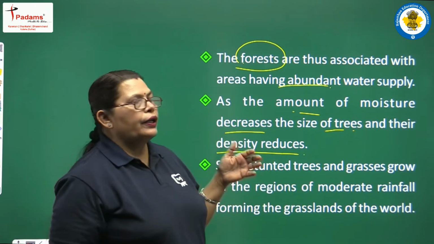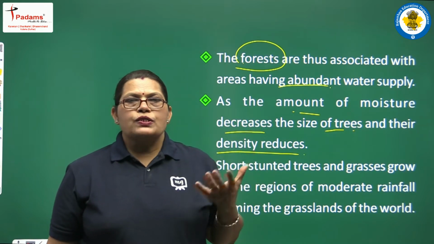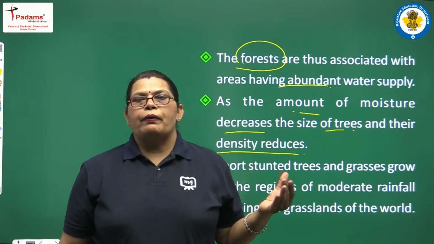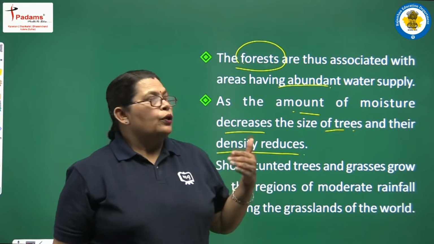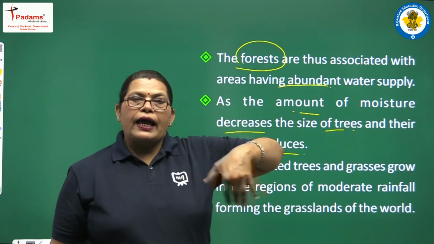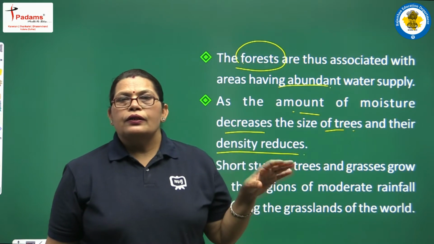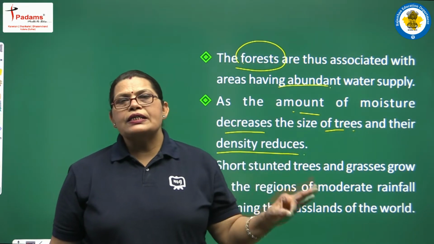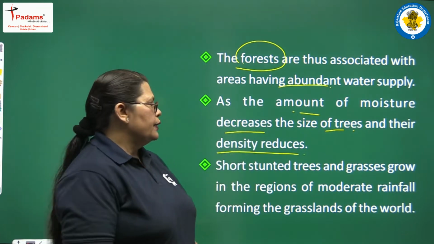So it is important that if we need the main parts of the forest, it means the greenery parts, the greenlands, then it is our duty to develop the atmosphere, as there is so much moisture and humidity is just a first need for the better growing of the trees.